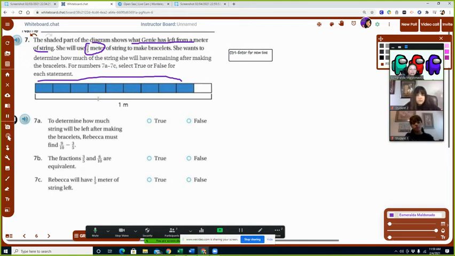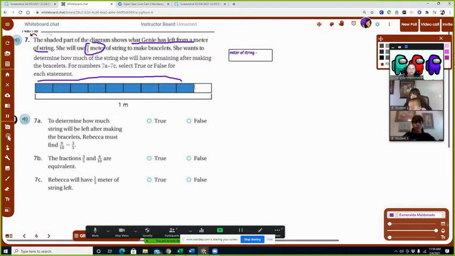So from the diagram, we can say that we need to find what fraction that is. Let's read that again. It says that the shaded part of the diagram shows what Jenny has left from a meter of string.